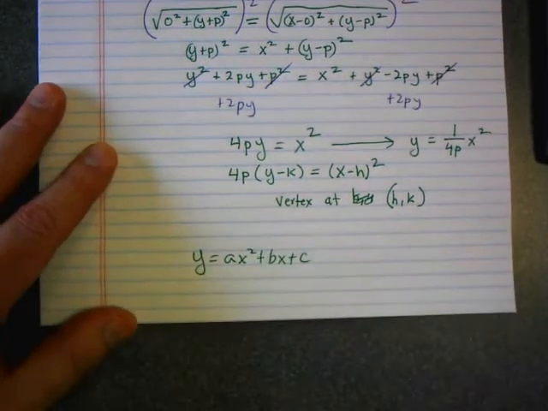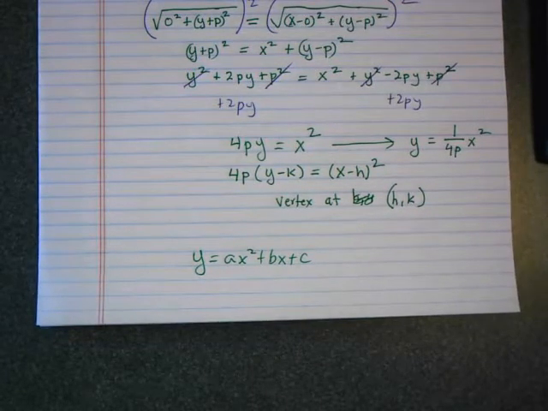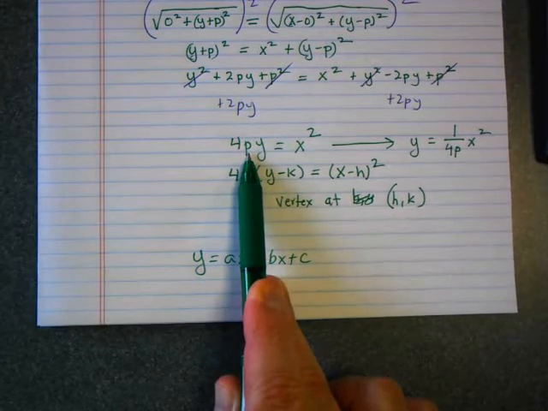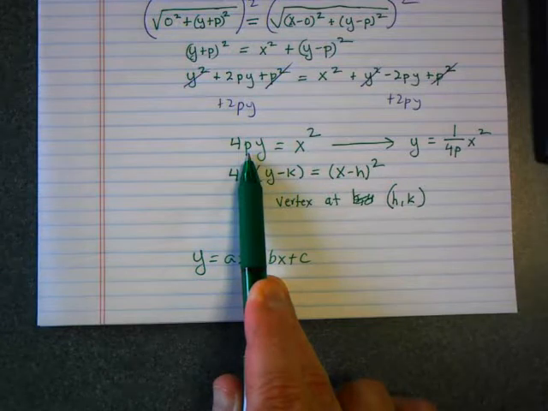The way you've dealt with parabolas before, you've written them that way. When did the parabola go up? When a was positive. And when did the parabola go down? When a was negative. So when is this parabola going to go up? When p is positive. And when is this parabola going to go down? When p is negative. Correct.